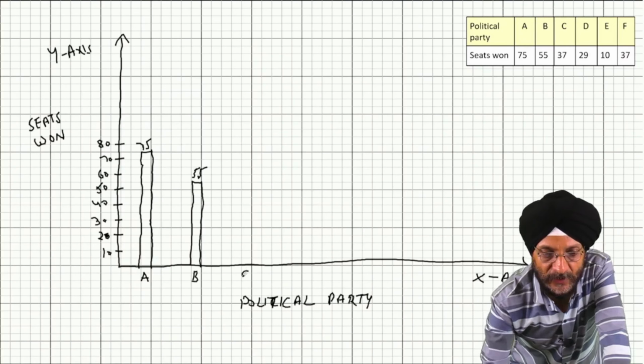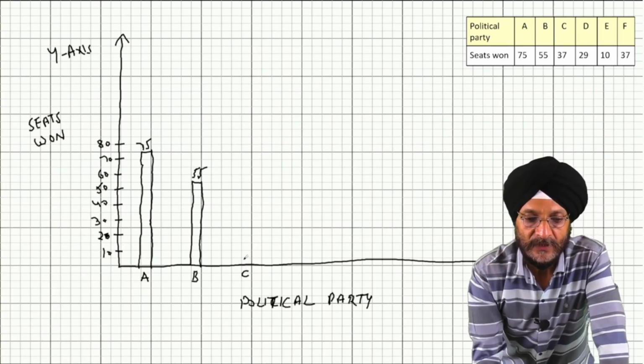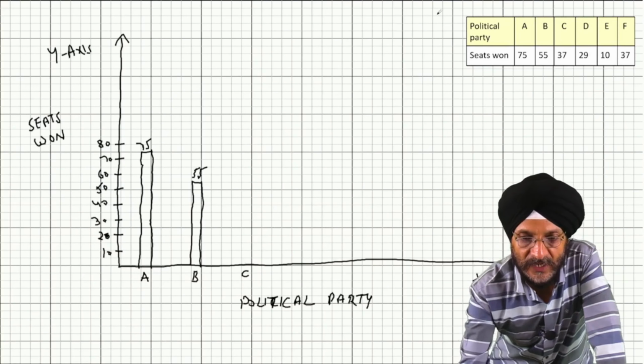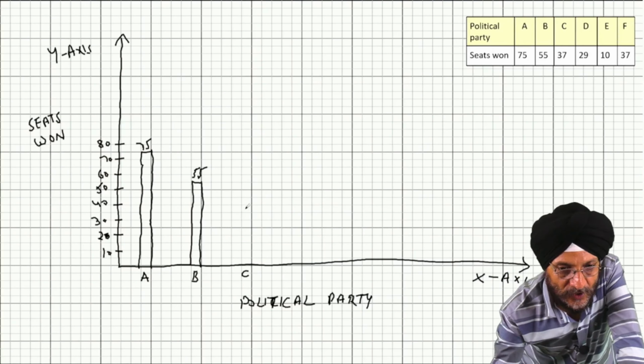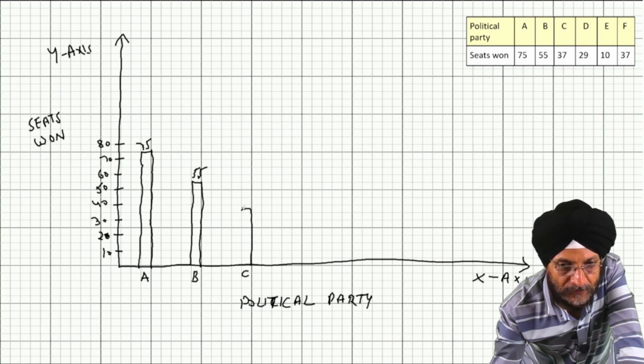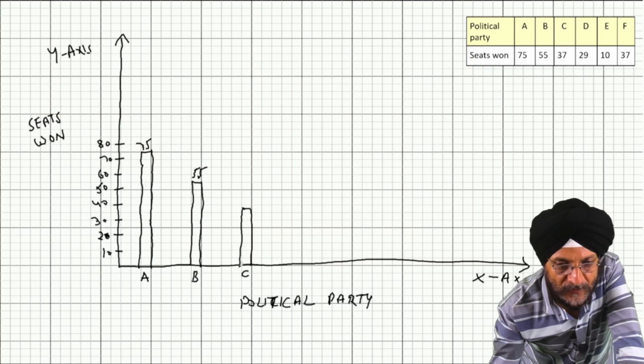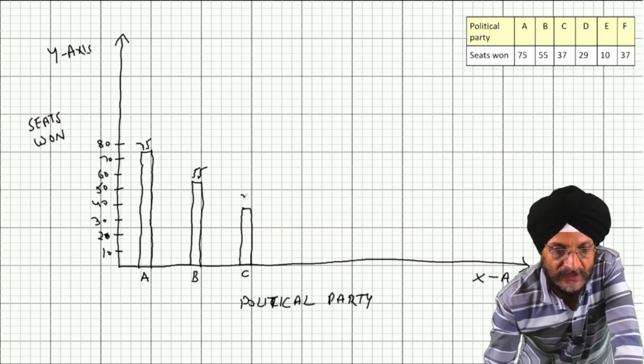So here we will now take C. That is, the seats won by party C are 37. So here it will be somewhat here. Here it is 37.